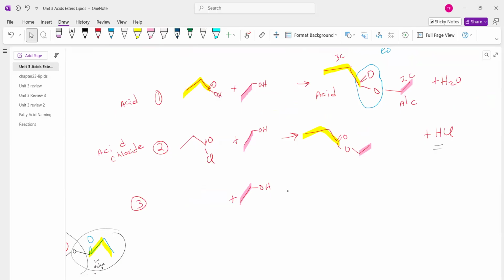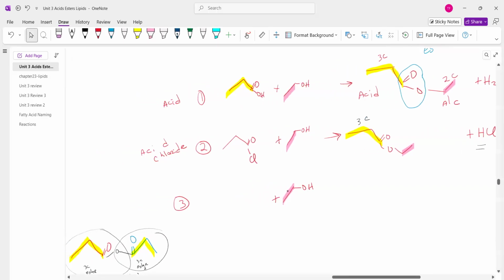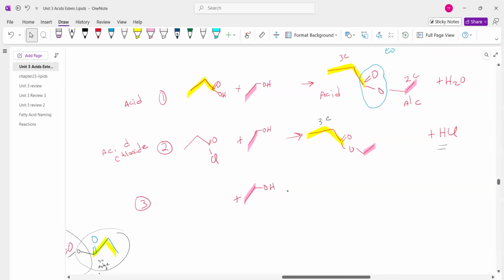Okay, so what we need is a 3-carbon acid. So that means each side of the anhydride is going to be 3 carbons long. Three carbons.